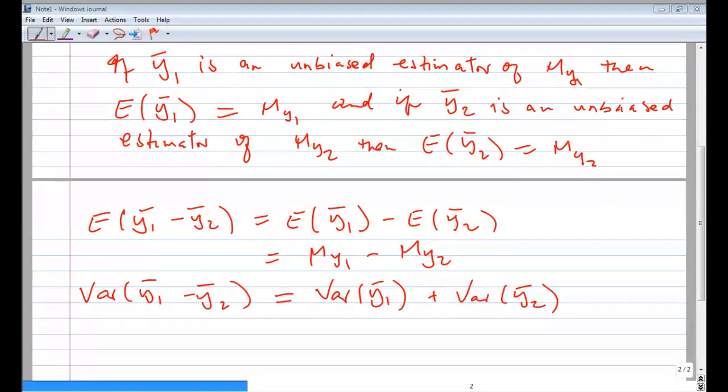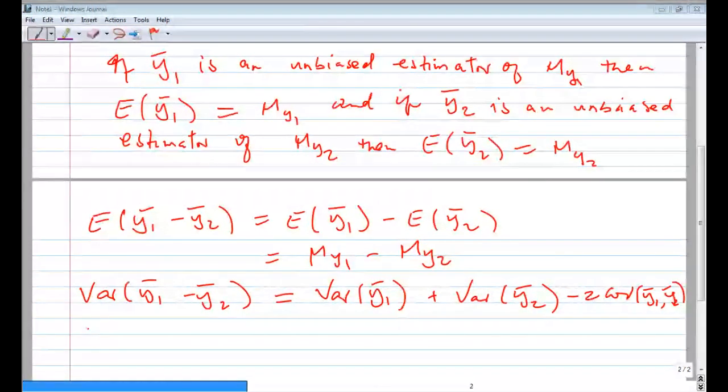Any suggestion? Minus 2 cov, yes. Minus 2 cov of y bar 1, y bar 2. Remember, we are not sure whether y bar 1 and y bar 2 are independent, isn't it? So that is why we're having this expression. Var of y bar 1 minus y bar 2 is equal to the var of y bar 1 plus var of y bar 2 minus 2 cov of y bar 1, y bar 2.